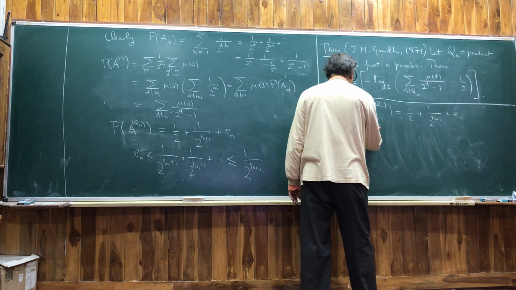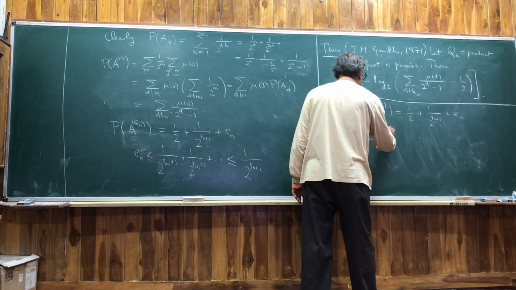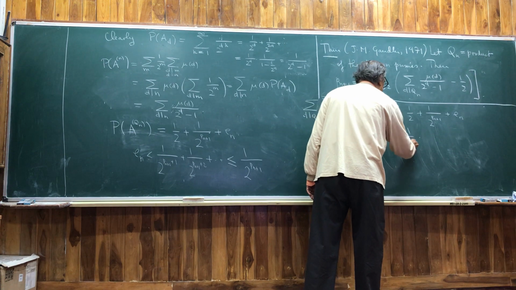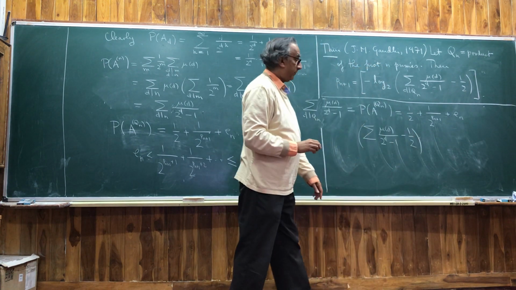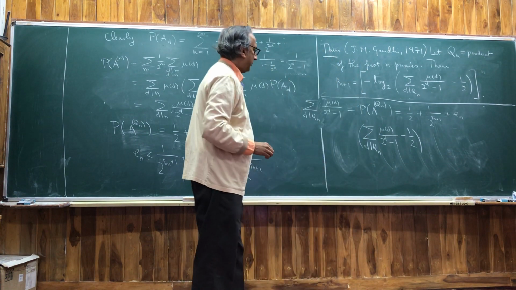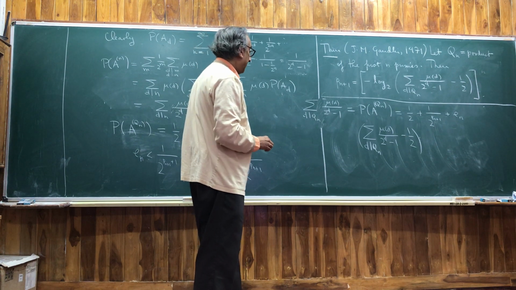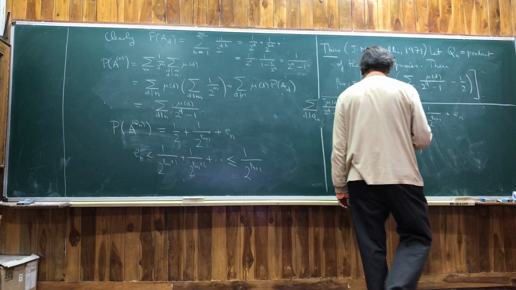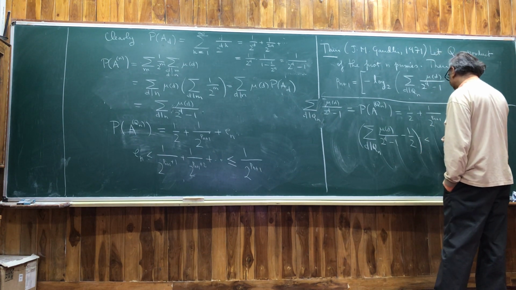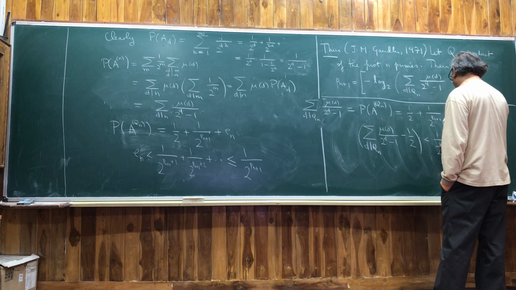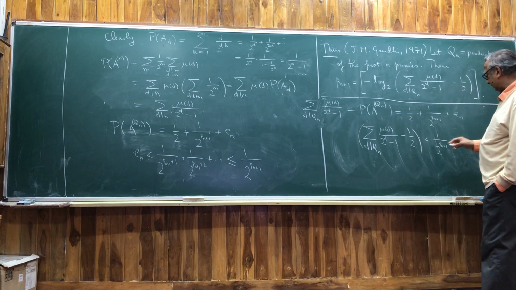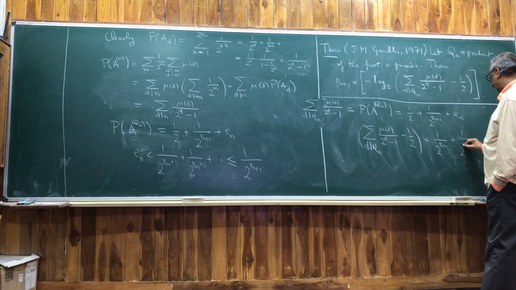So therefore, if I look at this quantity and subtract a half from this thing, the summation of mu d over 2 to the d minus 1, minus a half, then this quantity is less than 1 over 2 to the p sub n plus 1 plus e sub n, which is also less than 1 over 2 to the p sub n.